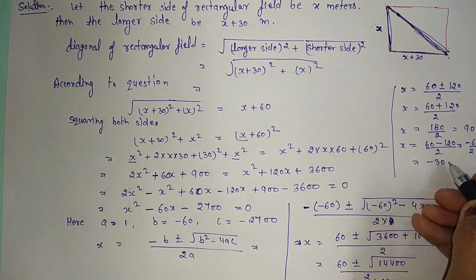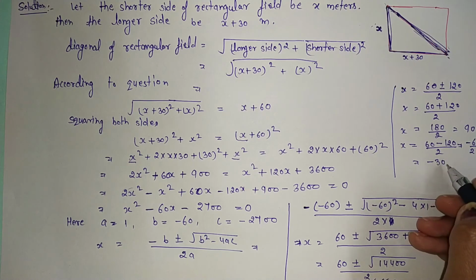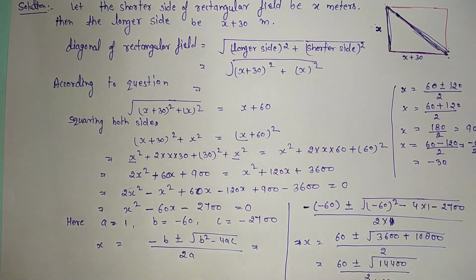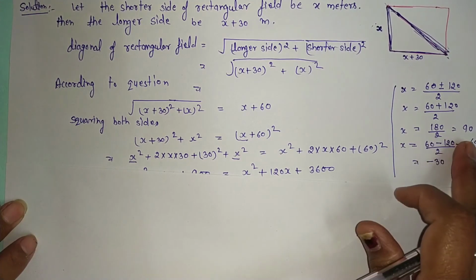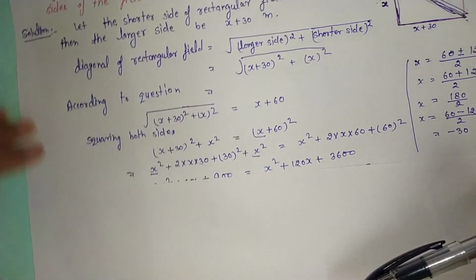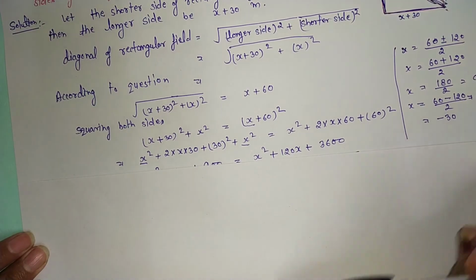And we know that length cannot be negative. Therefore x is equal to 90, and x is the length of the shorter side.